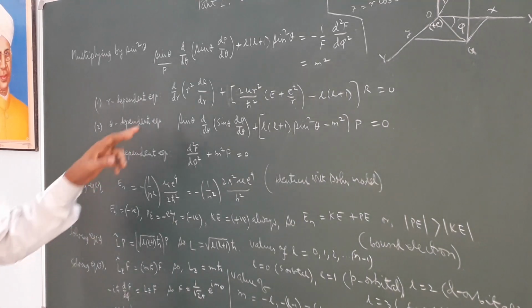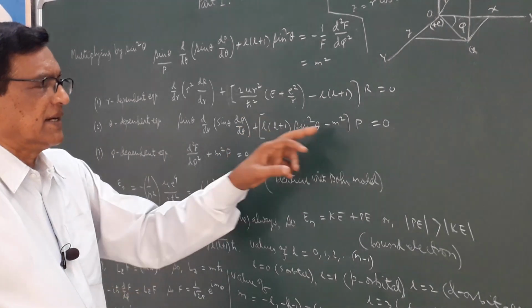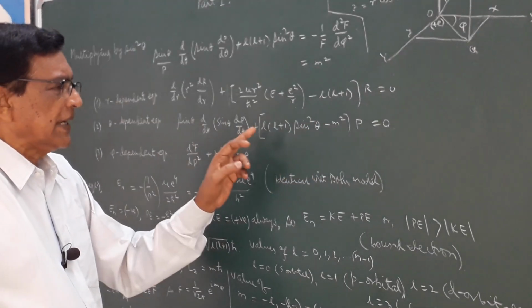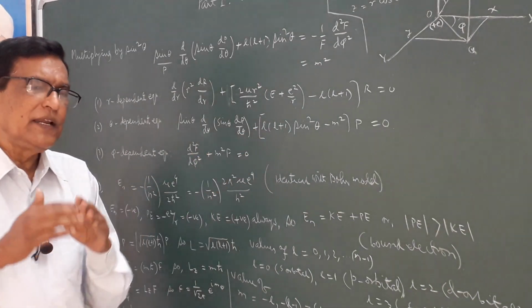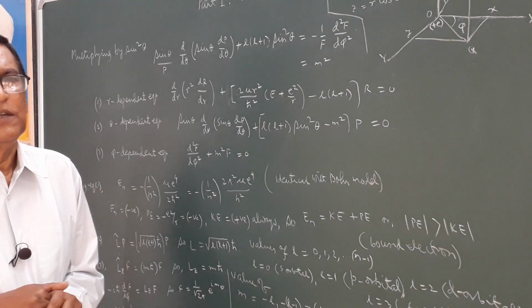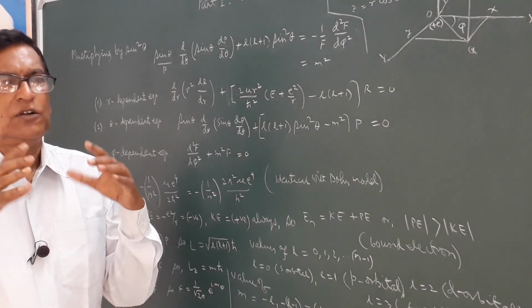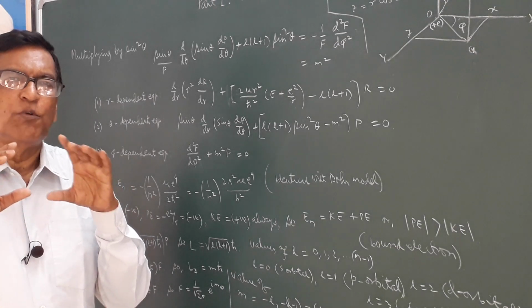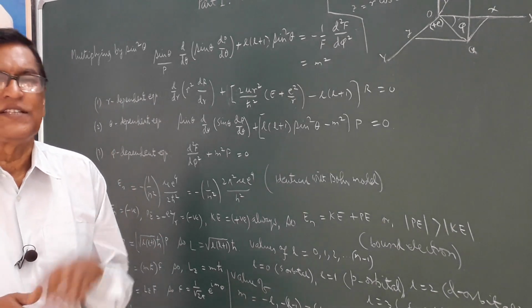By solving equation 2, we get two quantum numbers. One is L and another is m. L is the azimuthal quantum number, and L determines the angular momentum of the electron in the hydrogen atom. We all know the angular momentum is a very important property for a rotating system.